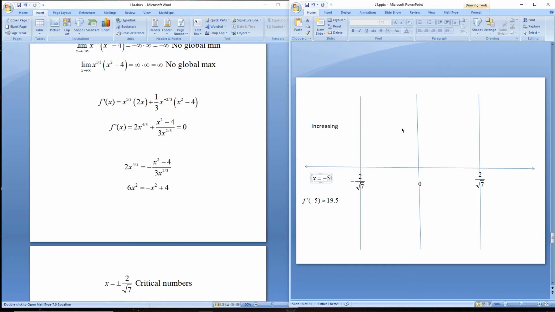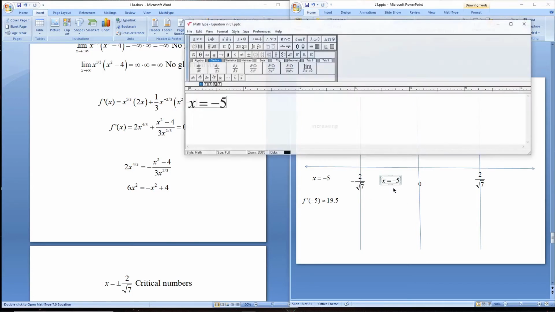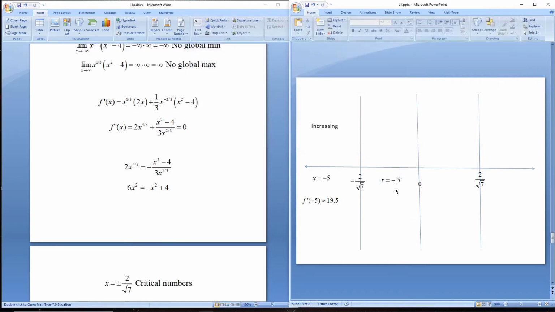So we'll go on to this next region here. And we want to choose a number in here. Now minus 2 divided by square root of 7 is about minus 0.75. So let's choose a minus half here, or minus 0.5. That number is in this region.